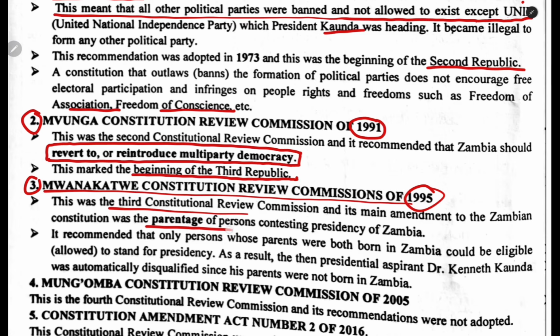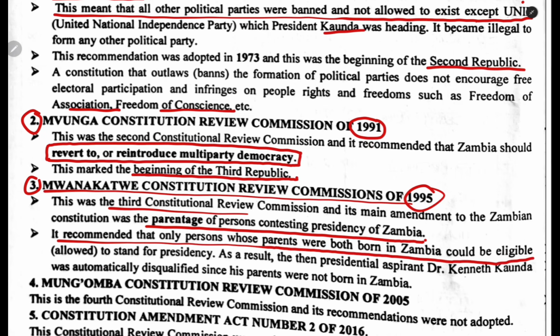So the recommendation was on the parentage of persons contesting for president of Zambia. Okay, now what did it mean? It recommended that only a person whose parents were born in Zambia could be eligible to stand as president.